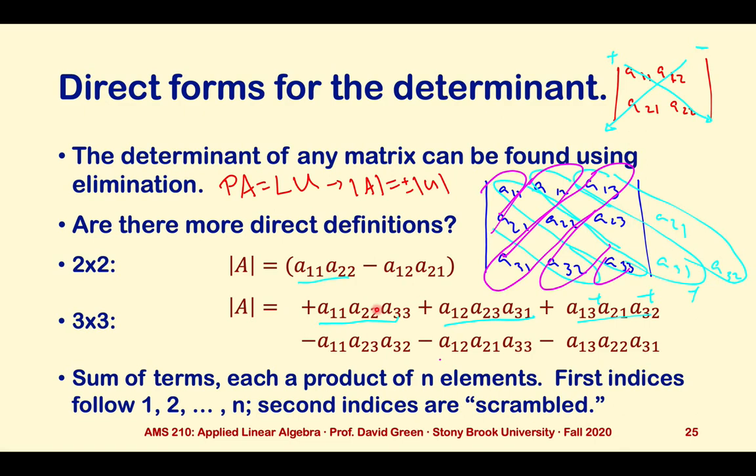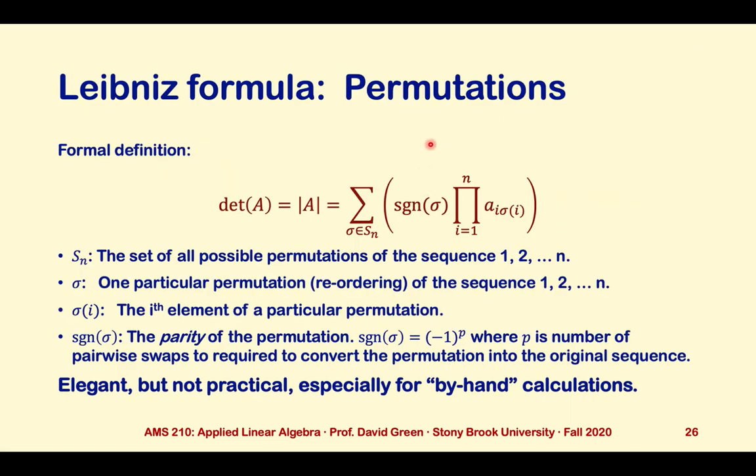This idea leads us to our first direct definition, based on the language of permutations. This is known formally as the Leibniz formula for the determinant. It has a rather scary looking form shown here.